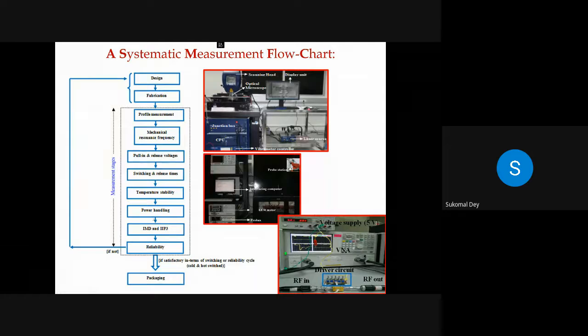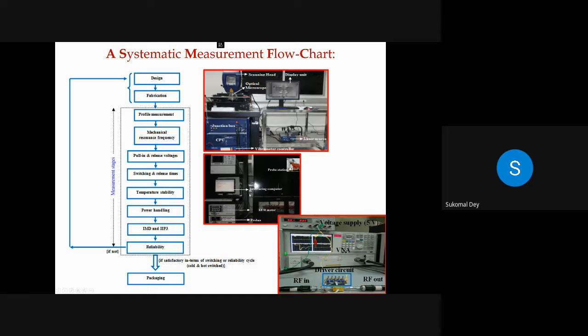On the rightmost side, you can see some images. The first one is the scanning head, optical microscope. This particular instrument is called a laser Doppler vibrometer, where you can see the profile, measure the mechanical resonance frequency, and measure the quality factor of the switch.